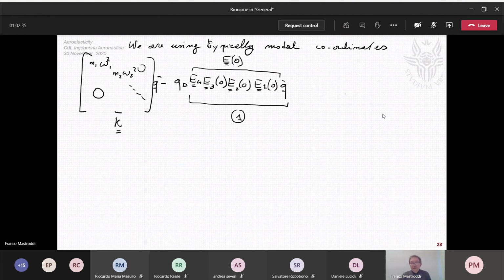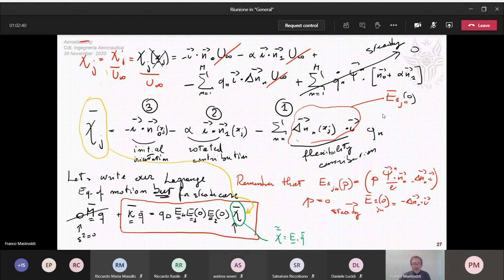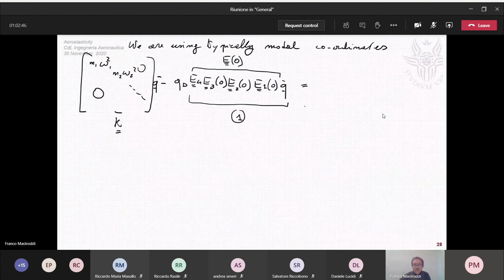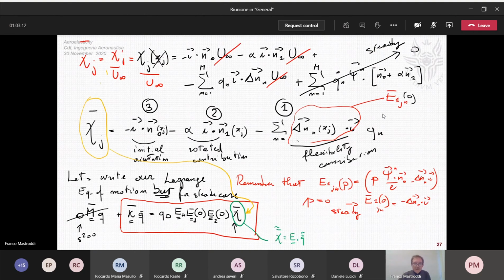Okay, but you have also the contribution of the term number 2 and number 3. So we have the following. We have a dynamic pressure vector. You have E4, you have E3 at zero frequency, you have E2 at zero frequency, and then you have the other part of the vector key. So one part of key is here, the other two parts are these two parts, number 2 and number 3.